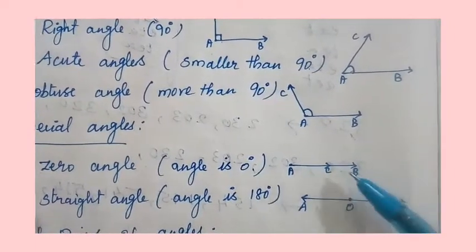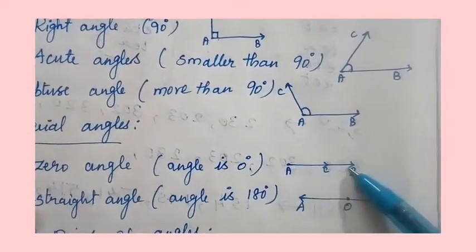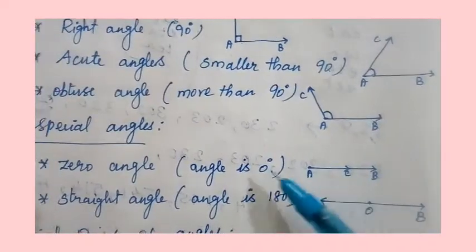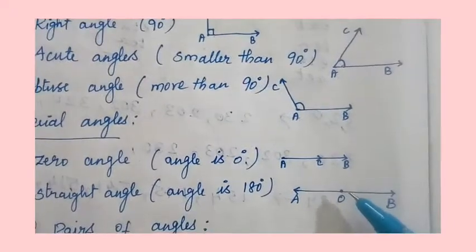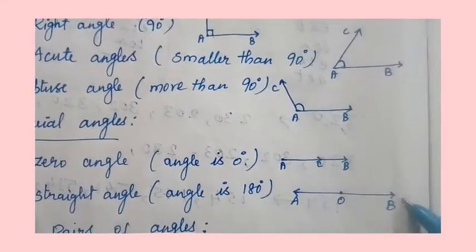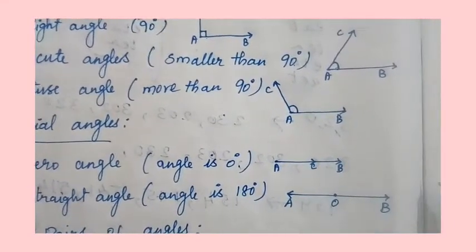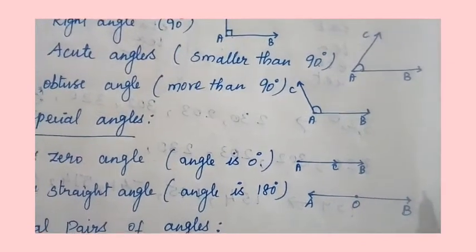Like this, here AB and AC, two rays, coincide. So it is 0 degrees. Now straight angle. Here it is OA and OB, like this straight line, it is 180 degrees.